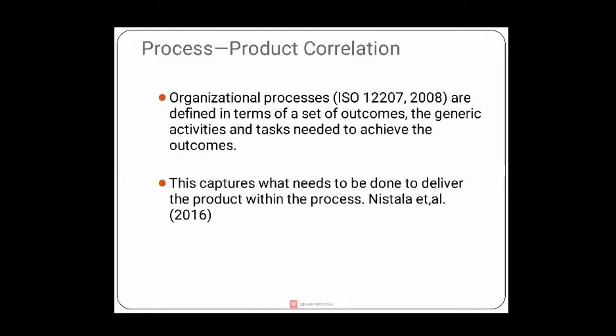And again, organizational processes are defined in terms of a set of outcomes, the general activities and tasks needed to achieve the outcomes. Like here, ISO 2007, 2008, these are the standards, right? Earlier we talked about it. So why do we adopt these standards?